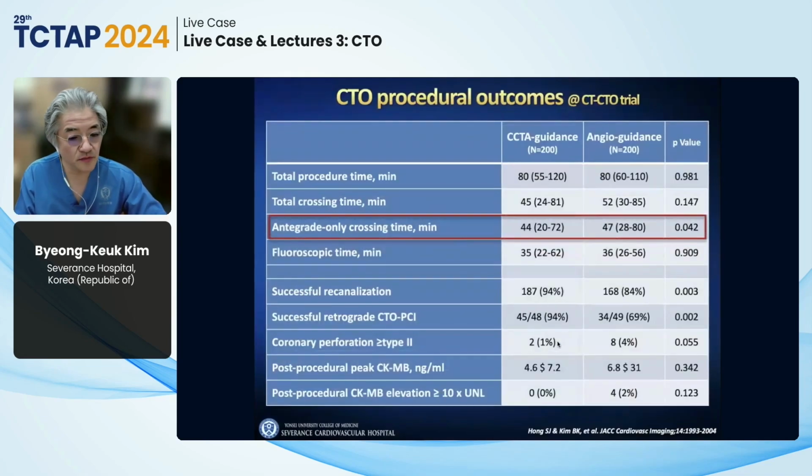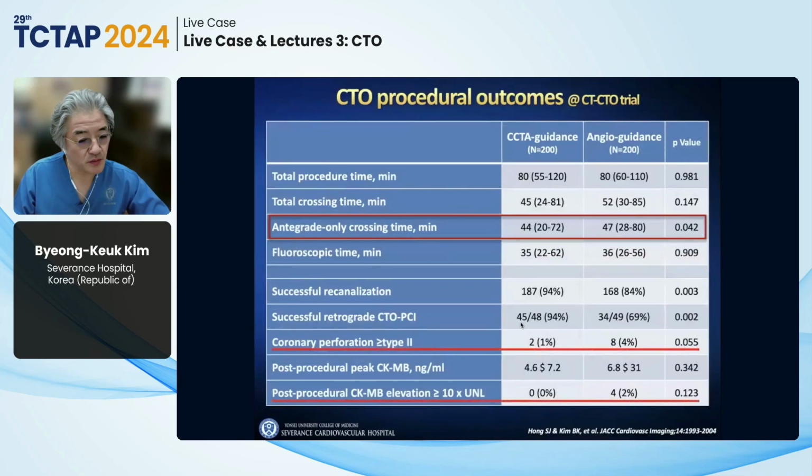Although there was no significant difference in the procedure and crossing time, antegrade-only crossing time was significantly shorter in the CT-guided group. In addition, the CCTA guidance group, compared to the angio-guided group, showed a significantly higher rate of retrograde CTO attempt. CCTA may be used to visualize the CTO course and plaque characteristics.